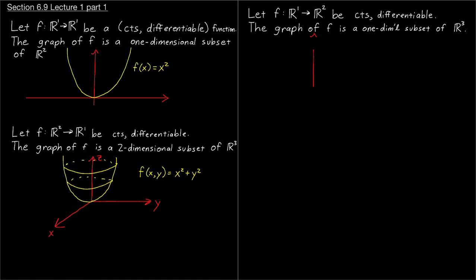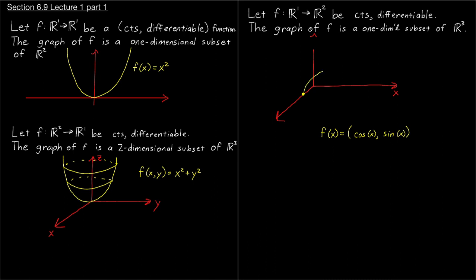And let me try to draw the graph of one of these things. So here, let's say this is our x coordinate. And let's say f of x is a vector now, so we'll say it is cosine of x, comma, sine of x. And then when you graph it, we start here at 1, 0.